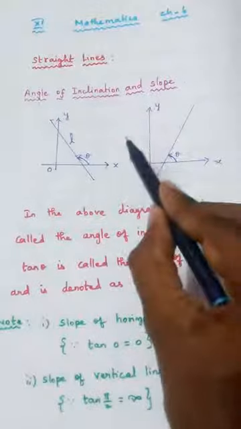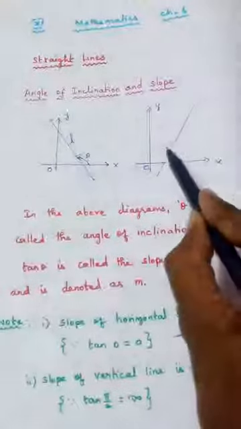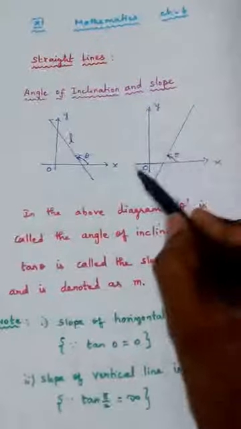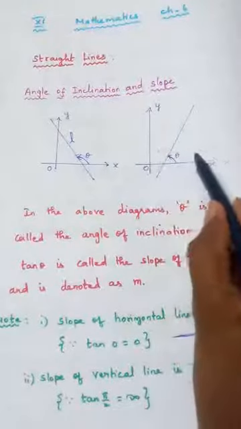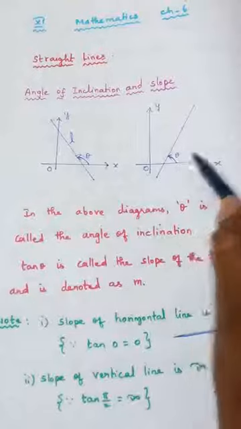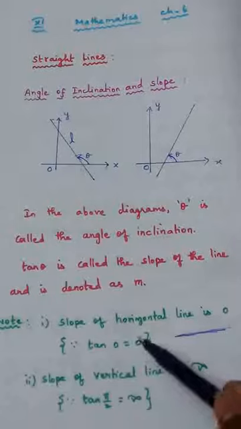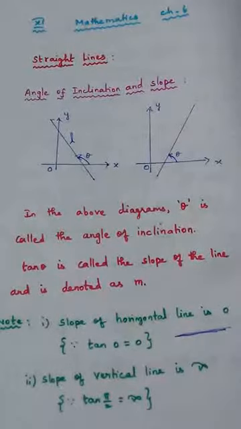Because since the line is horizontal, that is parallel to x-axis, it cannot create angle with x-axis, right? If the line is parallel to x-axis, it cannot create angle with x-axis. So angle will become 0. So tan 0 is 0. That is why slope of horizontal line is 0.